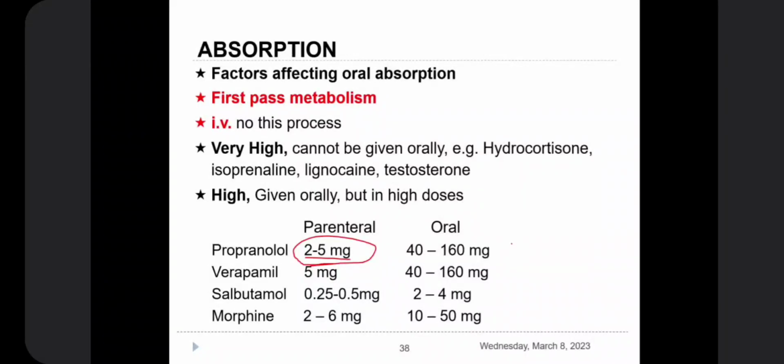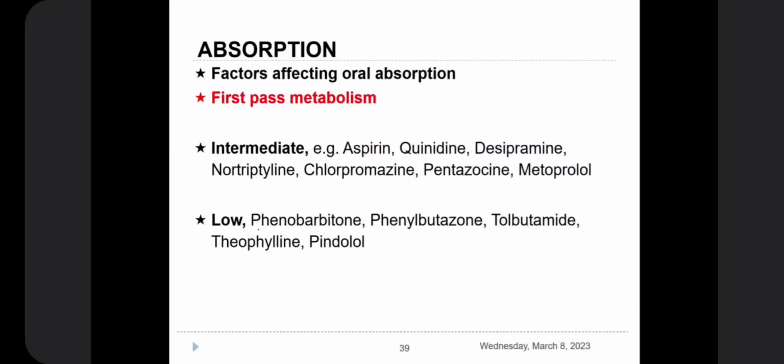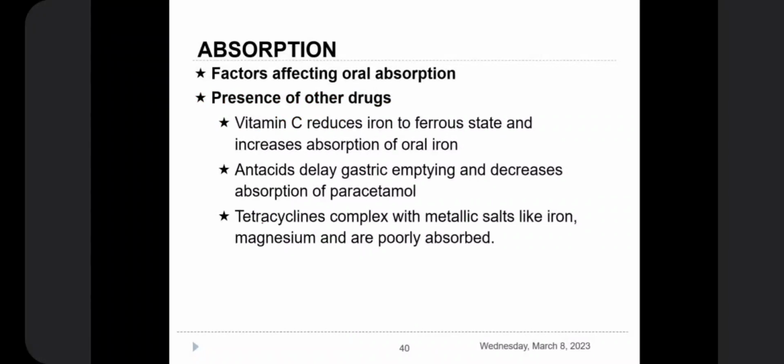This is very high. It means it has very high first pass metabolism. It's not suitable for oral administration. And intermediate and low are suitable for oral administration because they have a weak first pass metabolism. Okay, next one.